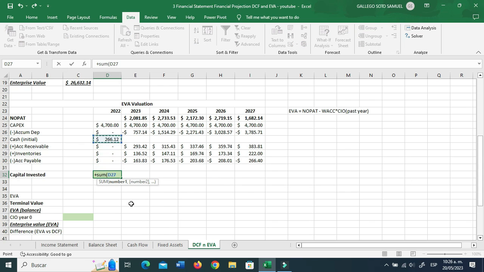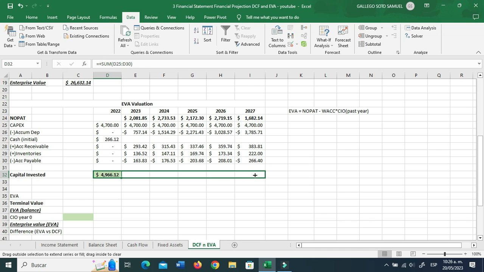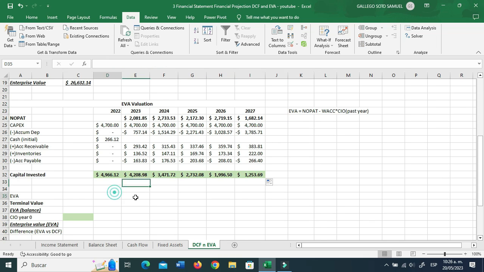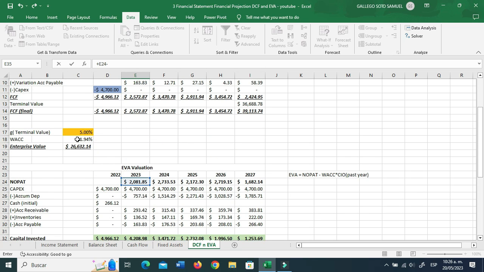So I'm going to select only these 3, and I'm going to take them back, because if I take this one, it goes crazy. This is not correct. Now the invested capital, let's just add this up from the capex down.